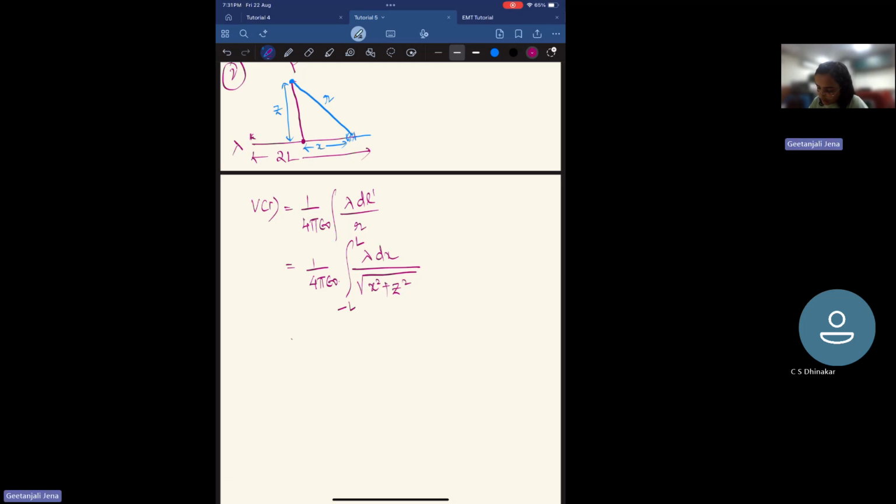So now we have 1 by 4 pi epsilon naught.